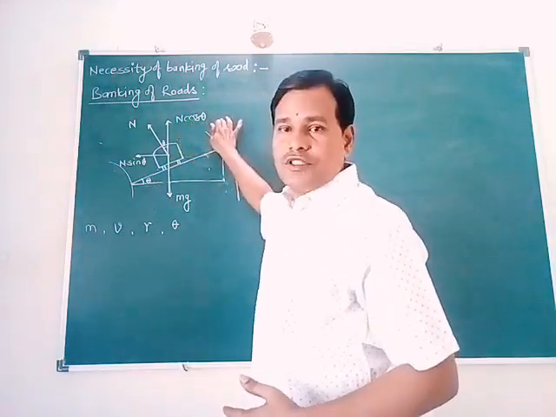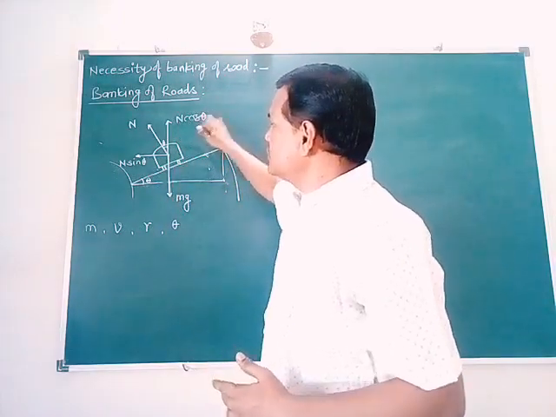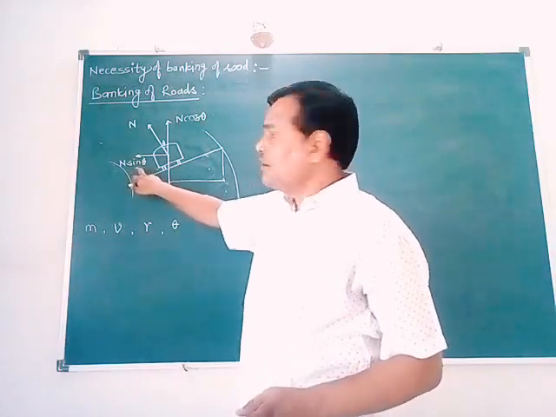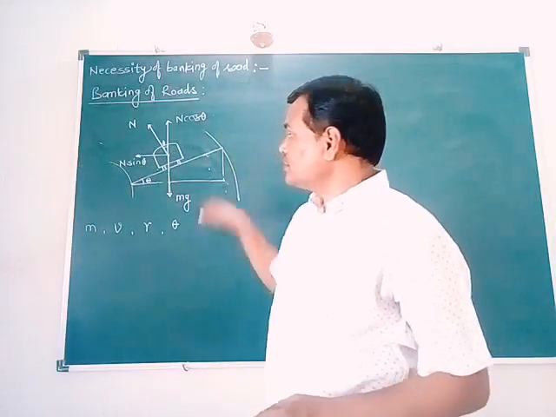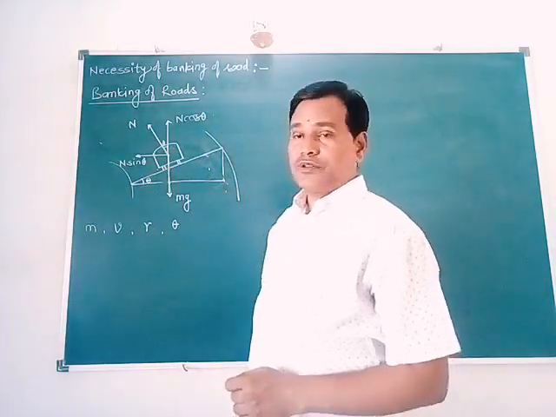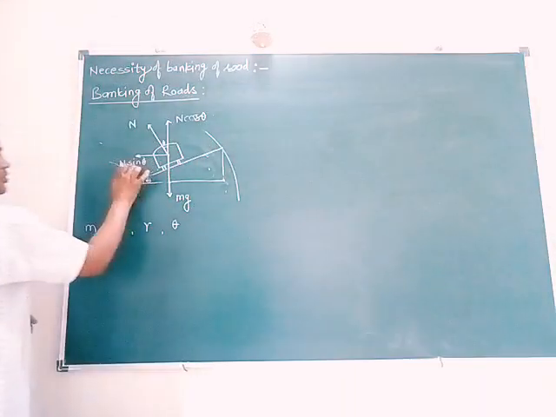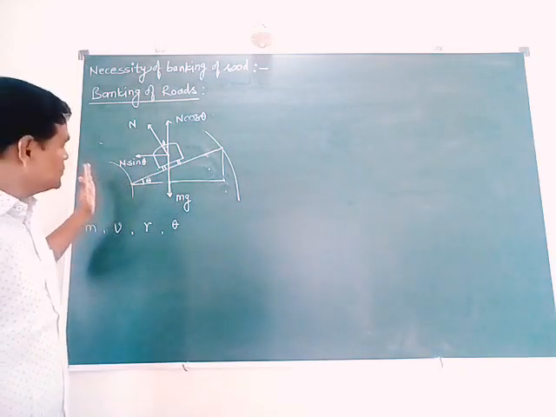First is N cos theta, which is in perpendicular direction, that is upward direction, and second is N sin theta, which is towards the center, that is horizontal component, towards the center of circle. And we know that this is horizontal component which is acting towards the center of circle.